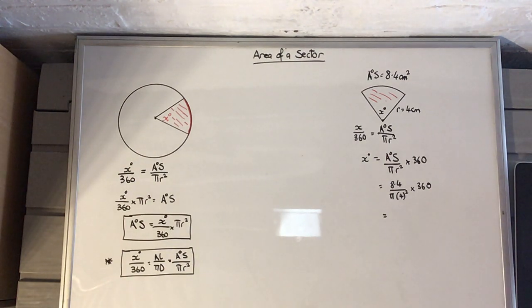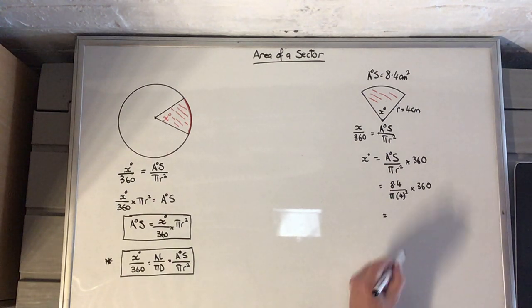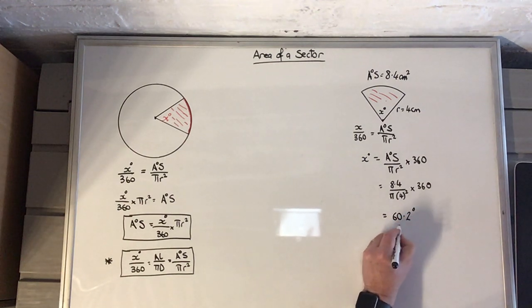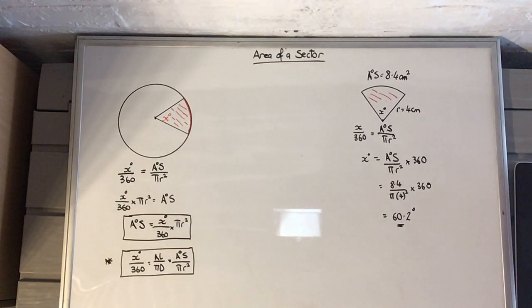And approximately 60.2 degrees. Okay, and that's a working backwards question. So again, that's deemed like an AB type question. It's not a C level question, because a good bit of thinking in that, and you've got to try and work backwards to find the angle.